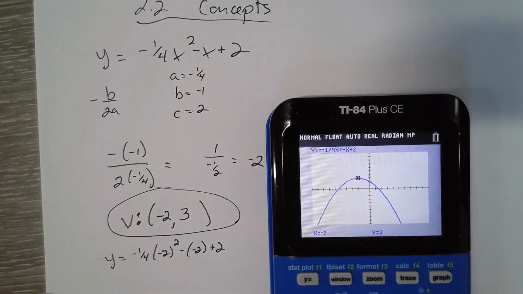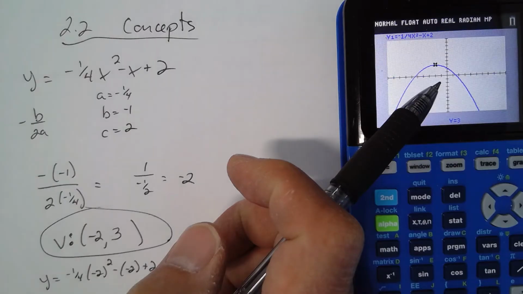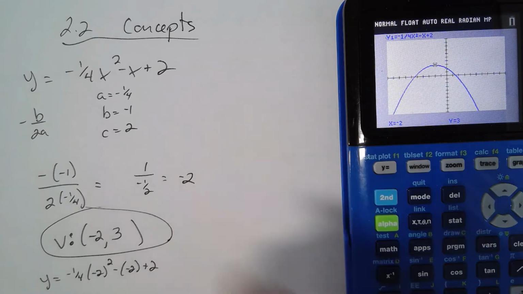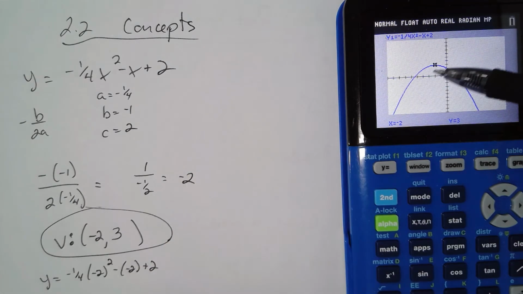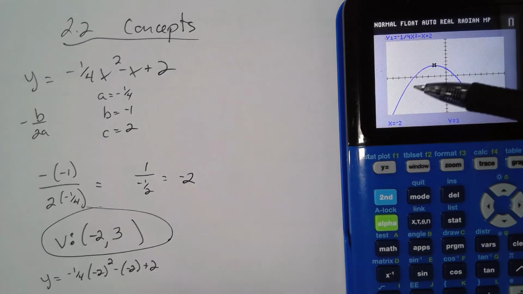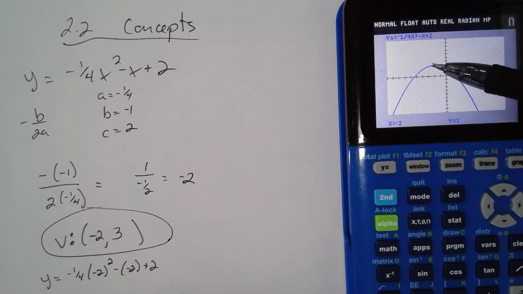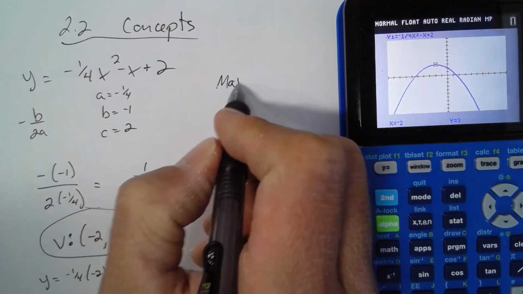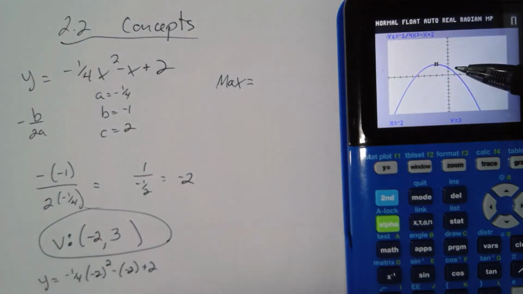So from that we know it opens down, so this parabola has a maximum. It goes all the way up, and that's as high as it goes, and it goes back down. Our maximum is equal to the y value of the vertex.